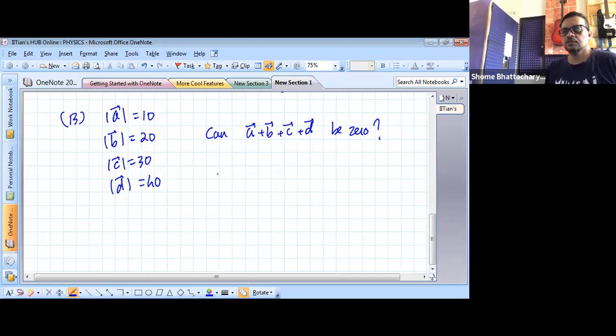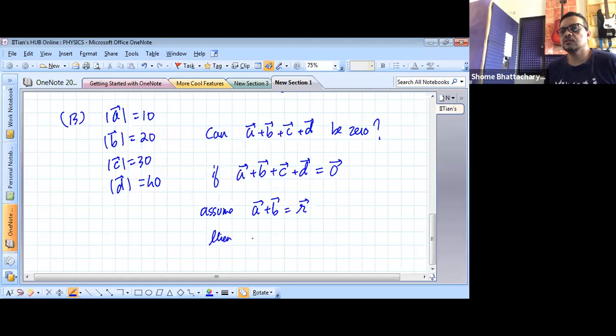Okay. So if A plus B plus C plus D were to be equal to 0, okay, assume A plus B itself is some new resultant R, suppose. Then R plus C plus D would be equal to 0.